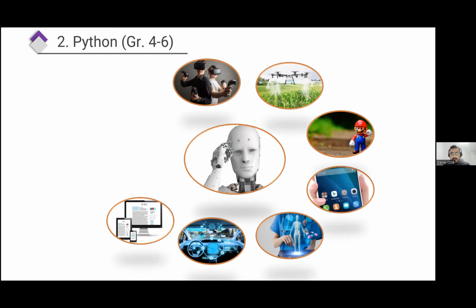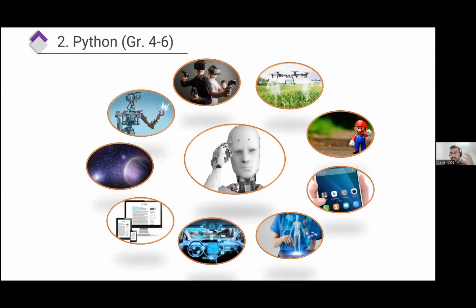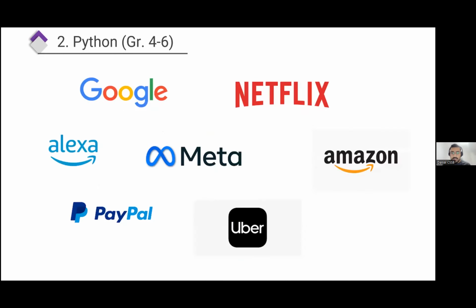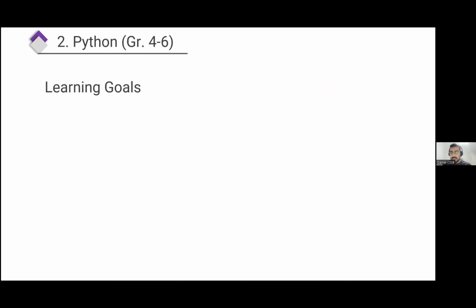And then websites, exploring galaxies, robotics, everything that you can imagine. Nowadays, you're working with Python. It's a great skill for our children to learn for the next generation. And that's why all the great companies that you can imagine, like Google, Netflix, every single company you can imagine, are working with this specific programming language, Python.